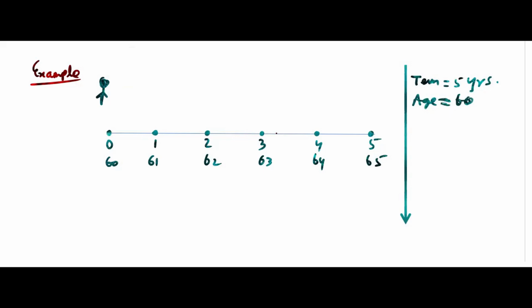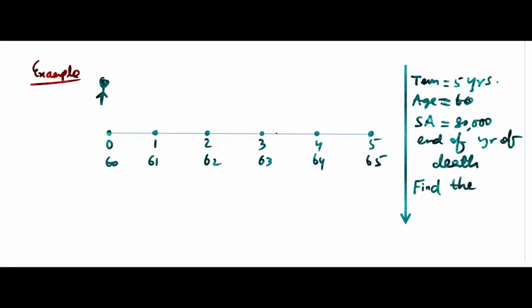And then the sum assured will be 80,000, paid at the end of the year of death. So find the premium. The question is to find the annual premium. Annual premium means in advance.